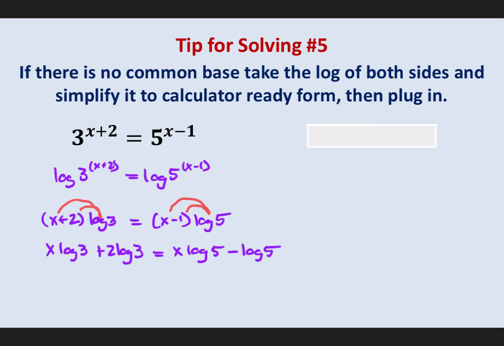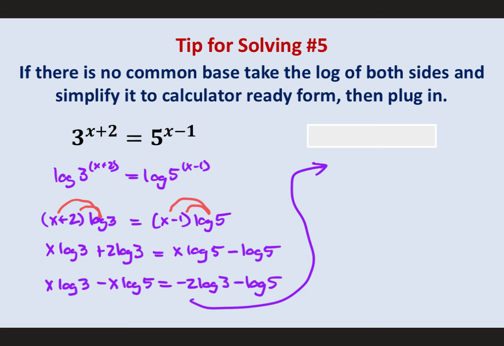All right, now what we're going to do is move both the pieces with an x to one side. So I'm going to move this piece over here, and all the pieces without an x to the other side. So that'll look like this after I rewrite it. It'll look like x log 3 minus x log 5 equals negative 2 log 3 minus log 5. Now I'm going to pull out that common factor of an x. You'll notice when I put both these with the x on this side, now they have a common factor of an x.